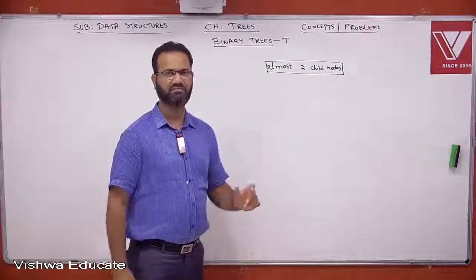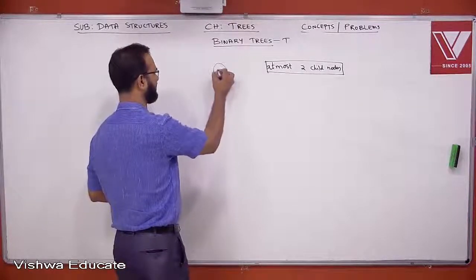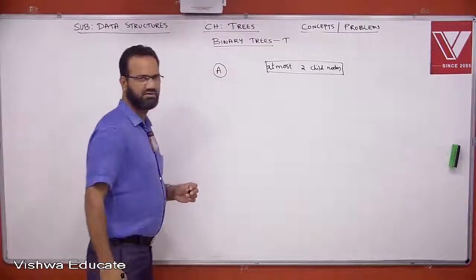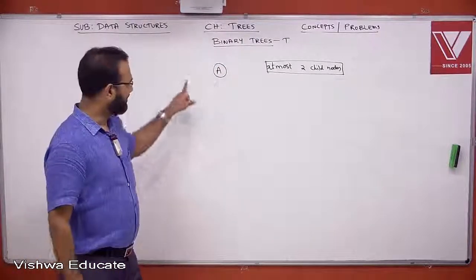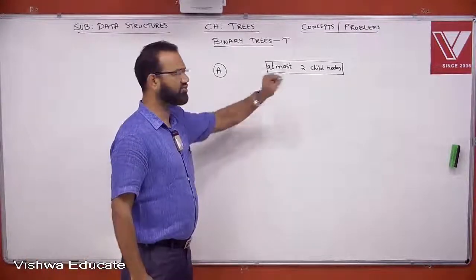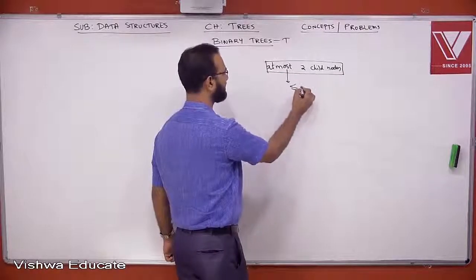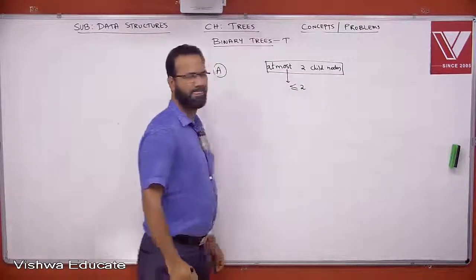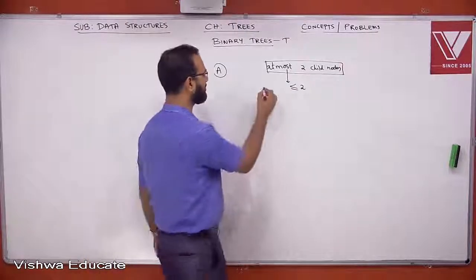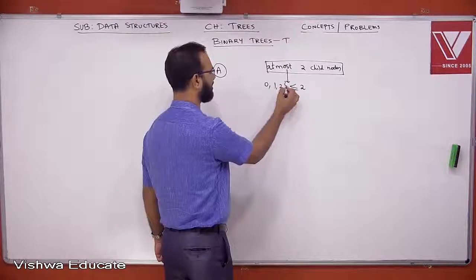If it is not empty, it contains a root element. Say a root element A is there, with each node in a tree containing at most two child nodes, meaning at most less than or equal to 2. Less than or equal to 2 means I can have 0 child nodes, 1 child node, or 2 child nodes.